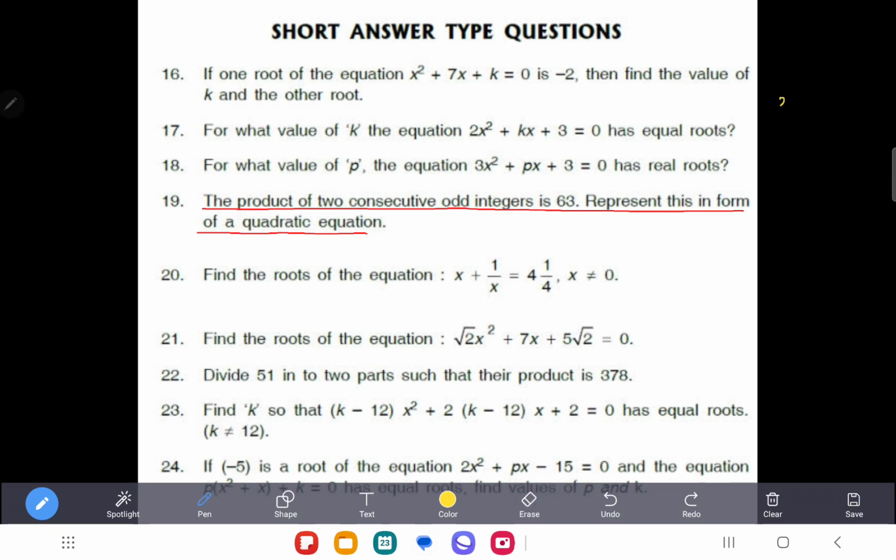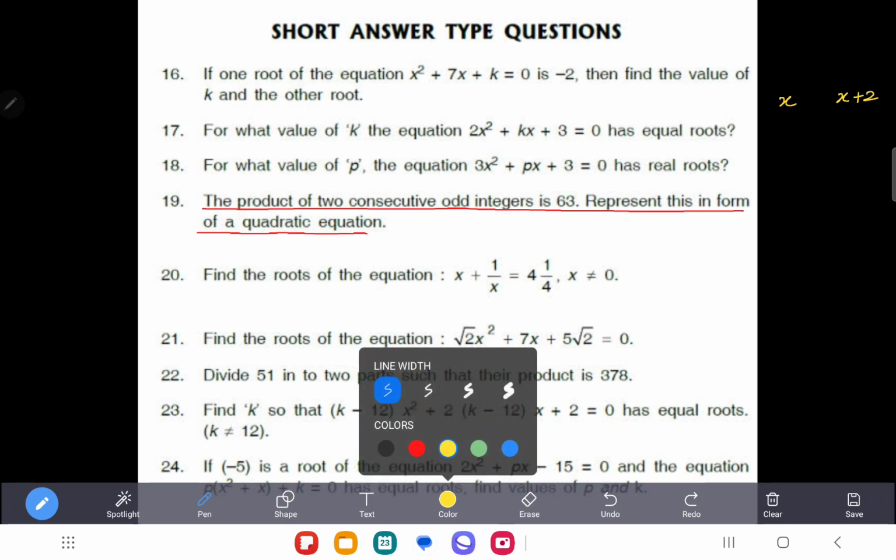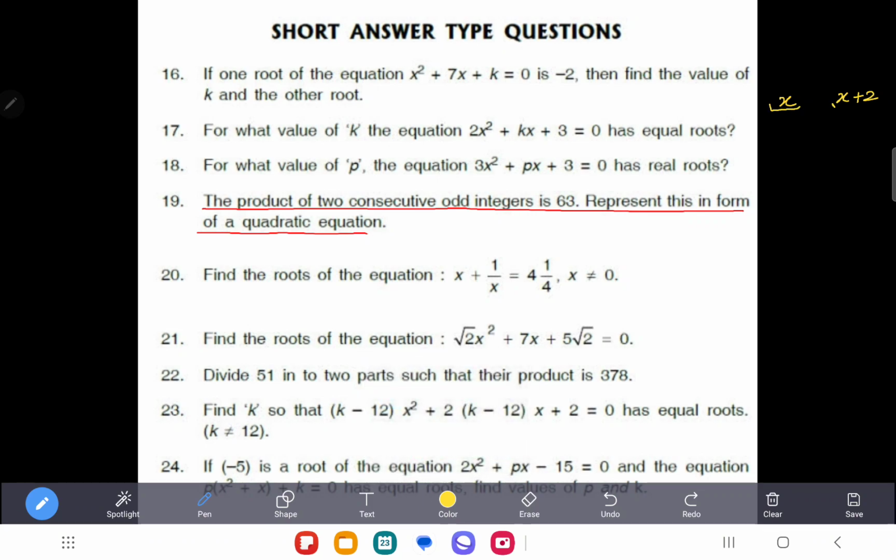That means if one odd number is x, the other odd number would be x plus 2, because the difference between 3 and 5 is 2, the difference between 1 and 3 is 2, the difference between 7 and 9 is 2. That means if one number is x, the other number would be x plus 2.